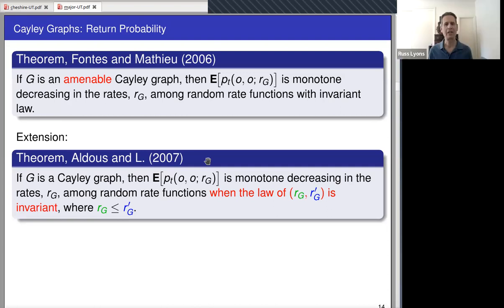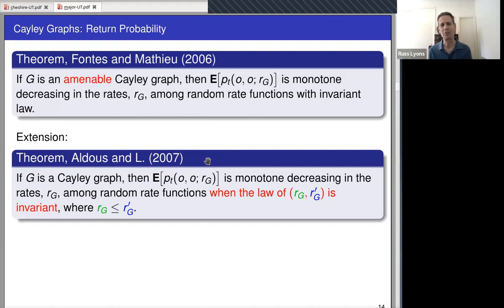Yes, unfortunately, we do. Odette and I started asking that question back in the mid-90s, and a former PhD student of mine, Peter Mester, gave a counterexample on a Cayley graph which is very close to the regular tree group, just a finite extension. And the rate functions only took values 0 and 1, so it's like percolation.